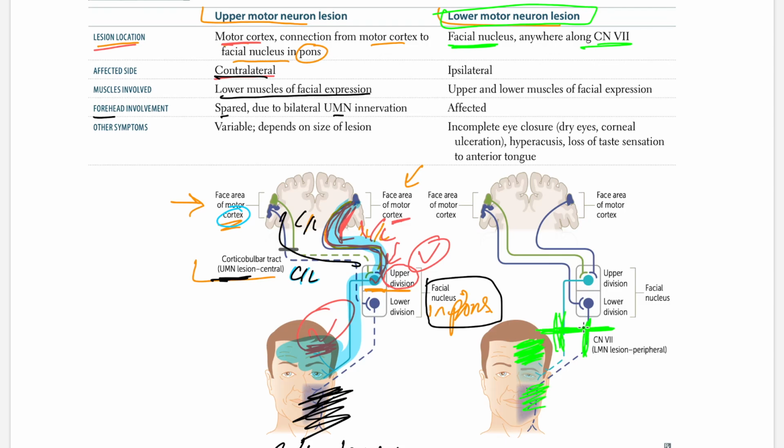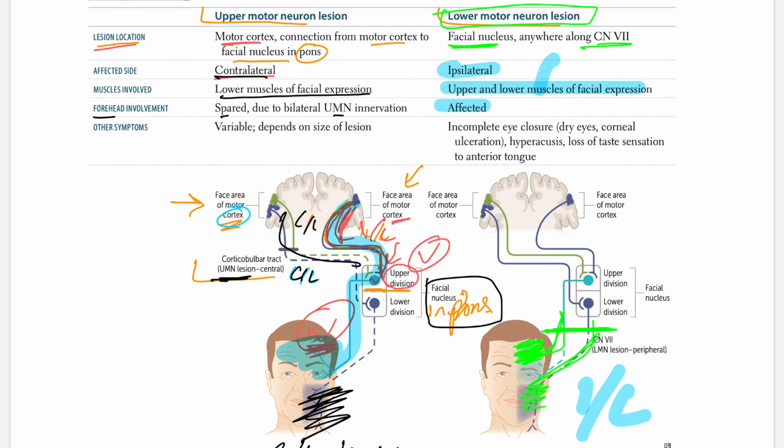On top of that, you have the lesion at the ipsilateral side, because these are the ones which supply the upper and lower face. So you are going to have an ipsilateral lesion. So ipsilateral upper and lower muscles of facial expression will be affected, and the forehead would also be affected.